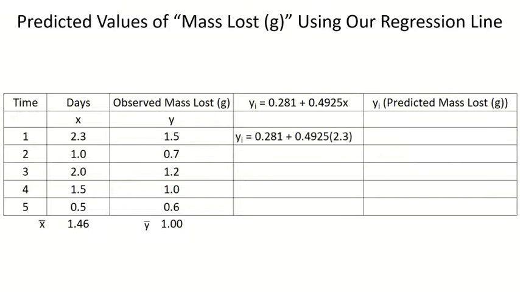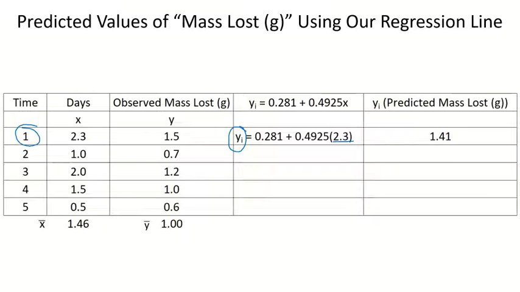Okay, so for example, for the first data point here, we simply replace x with 2.3, as shown here, and then we can get the y. This is what we're looking for. So the answer will be 1.41.